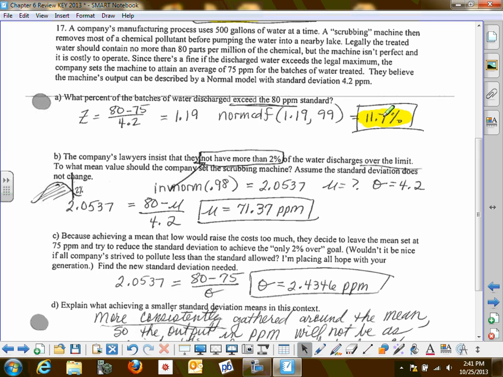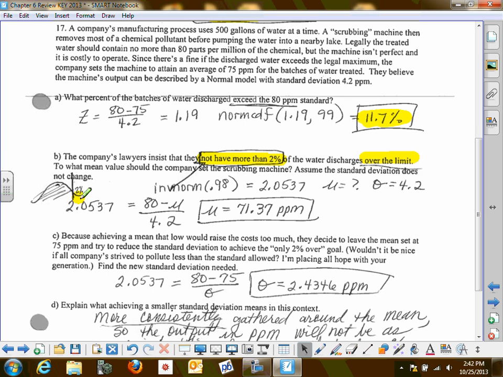Maybe the Environmental Protection Agency is putting restrictions, and they are not going to allow us to be at 11.7%. So I'm going to go to my mechanical people in charge of the machinery and say, look, you need to fix this so that you do not have more than 2% over the limit. So that would mean this is your part that would be over the limit. I don't want this little yellow section to be bigger than 2%.